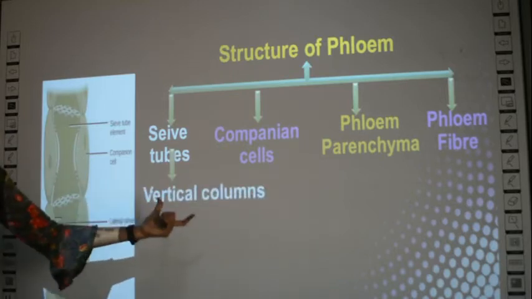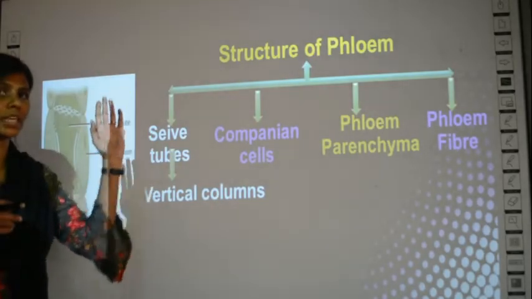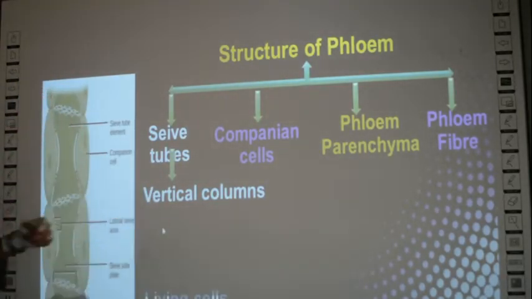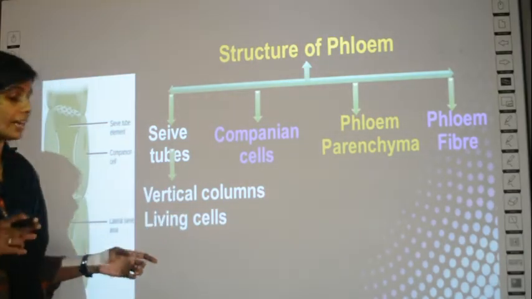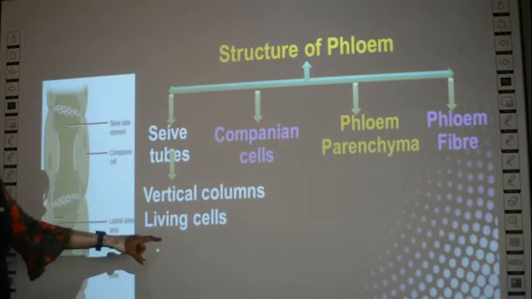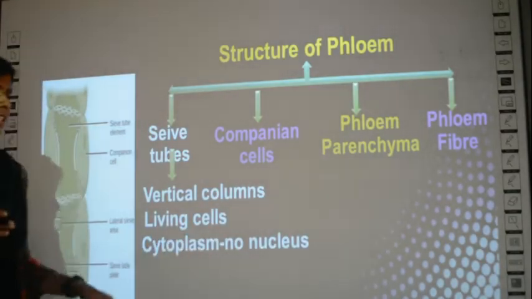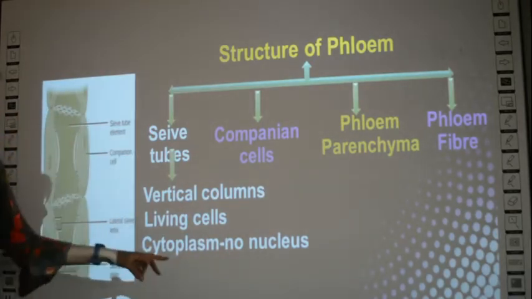So sieve tubes are generally described as vertical columns. This is horizontal and this is vertical, right? Since they are vertical in position, they are called vertical columns, and they are living cells. The cells are living, not dead like the tracheids. It is a living cell, and there is cytoplasm in the sieve tubes, but there is no nucleus.